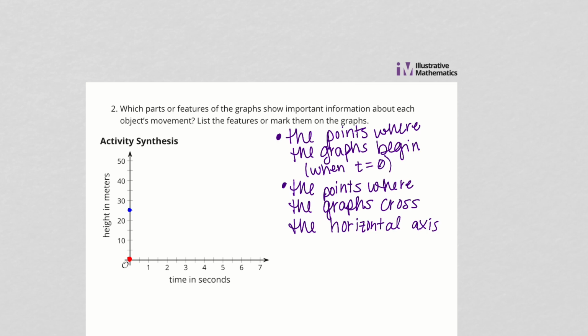So I'm going to put in parentheses height equals 0 meters. Okay, so for our rocket, that was 5 seconds. So that's going to be 50. Actually, I'm going to go ahead and just label these. I'm going to label this as 0, 25, and 50. And this one over here is 0, 0, and 70. Okay.